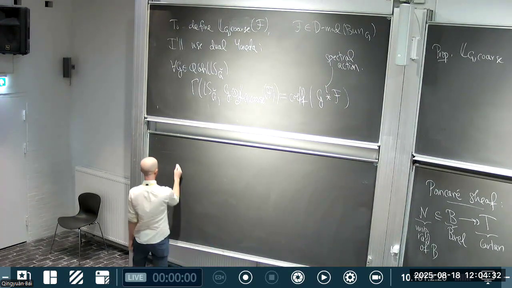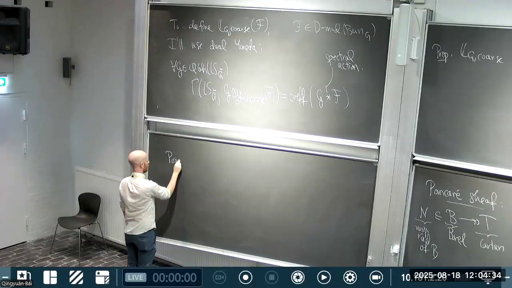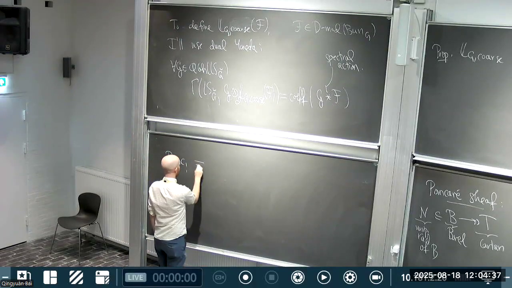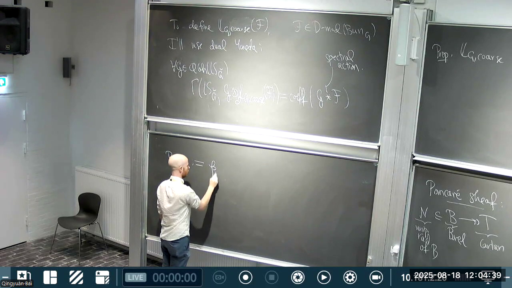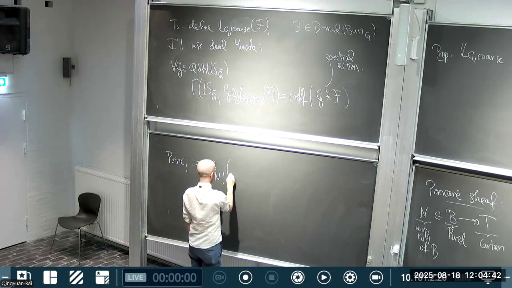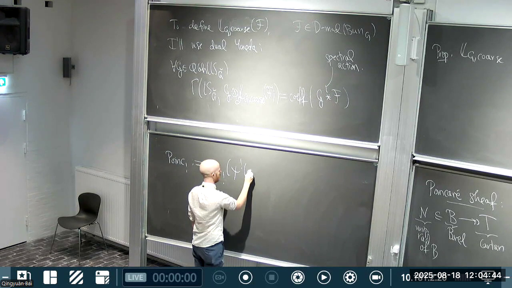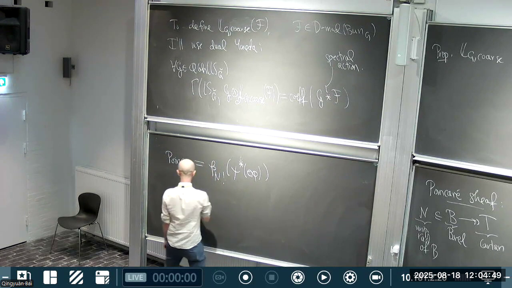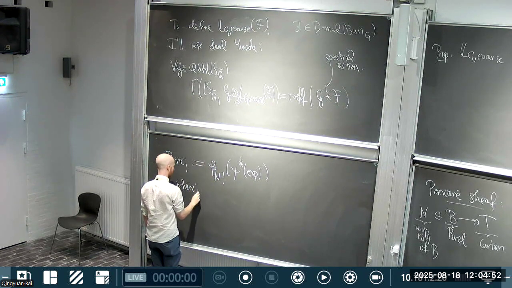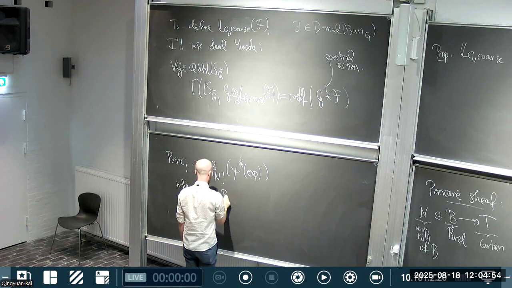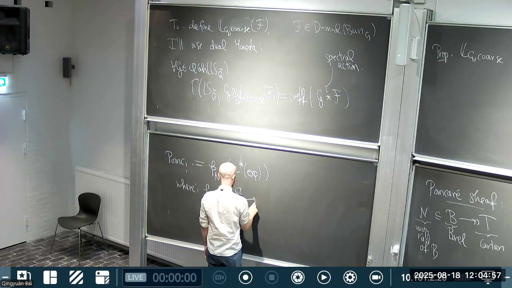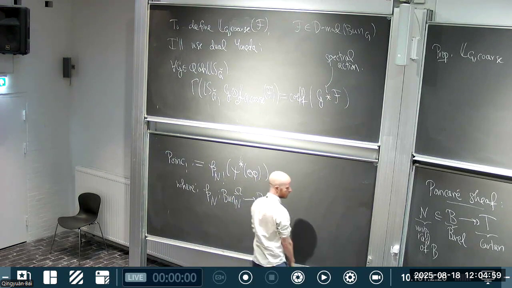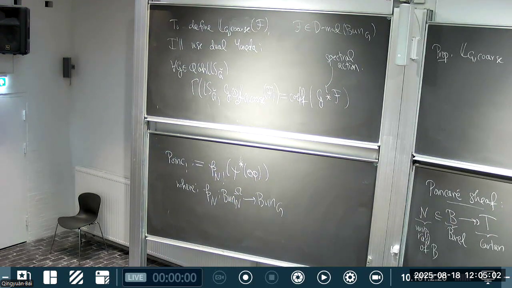Okay, so now what is this? This is the Poincare sheaf. By definition, I'll write the formula and then explain what the terms mean. Where Pn is the map from Bun N omega into Bun G. In this picture, I take this extension and extract E as an SL2.